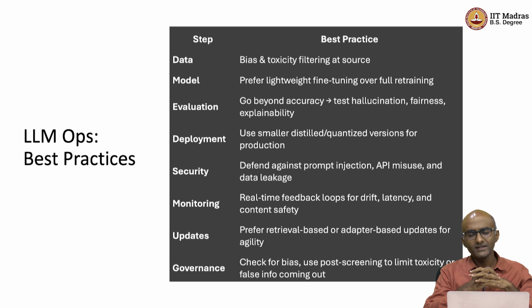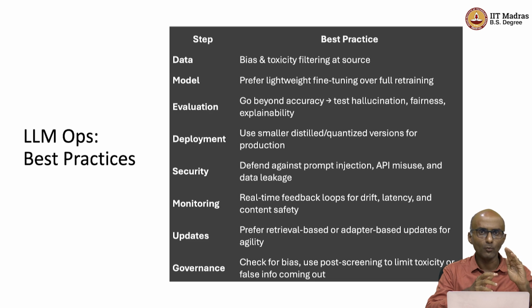Okay, so with this, we have come to a close on the discussion on LLMOps. Let's summarize this as a collection of best practices across all the different facets of LLMOps, starting from the data. I'm just trying to summarize one best practice per category. Obviously, there are more that we've discussed in weeks 10 and 11.